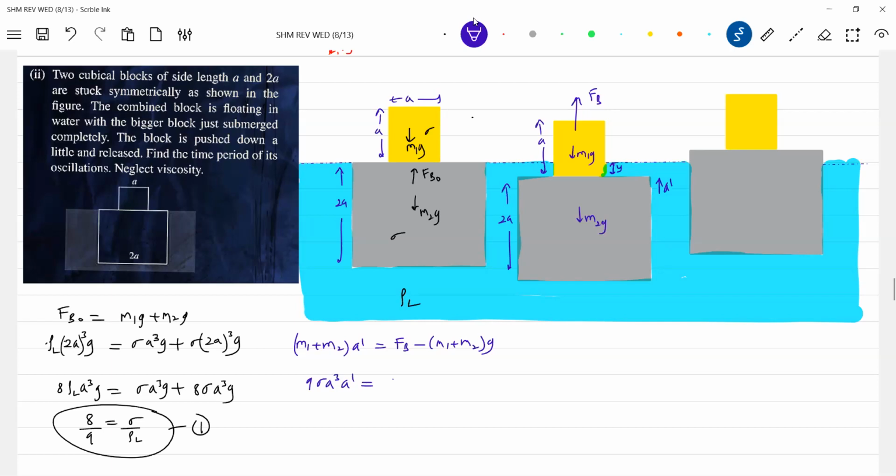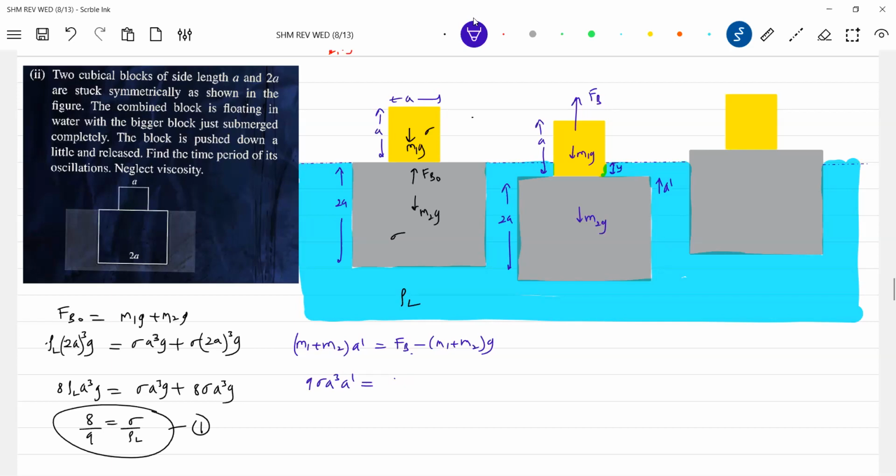What is the buoyant force? FB minus (M1 plus M2) g, this will become additional buoyant force. Additional buoyant force, how much should it be equal to? Rho L A square Y g. Will I agree? I'm writing directly, or okay, I'll write it.